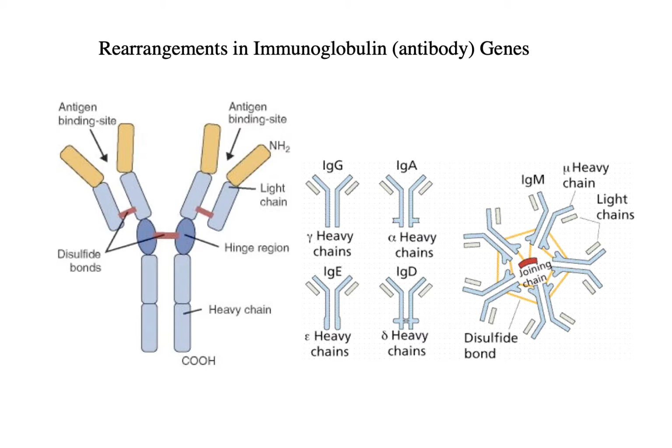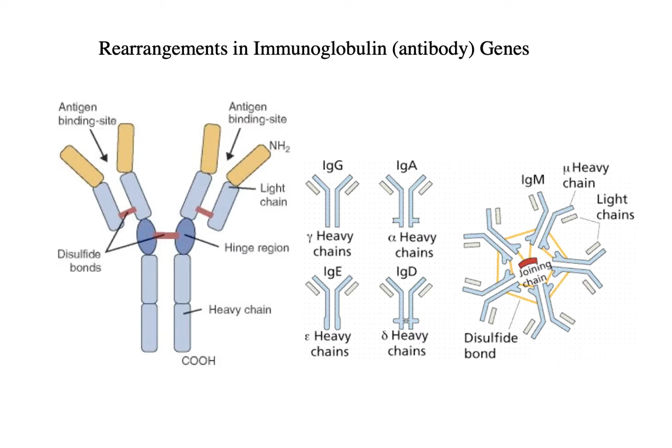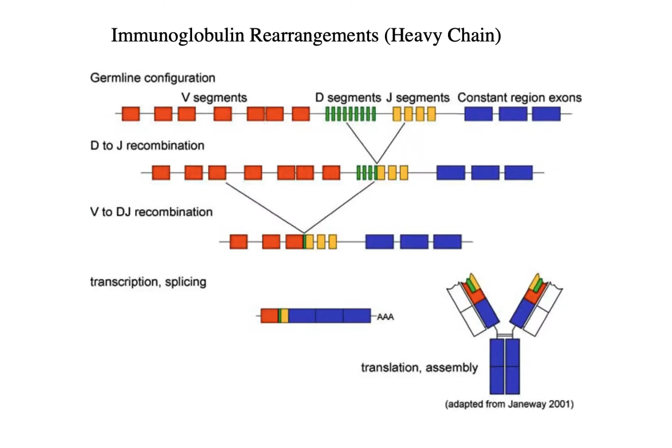And there are several different types of these, including IgG, IgM, and other types. So when you think of it, how can an immune system recognize so many different proteins, so many different antigens formed by so many different organisms?